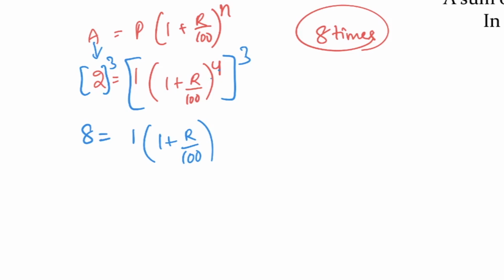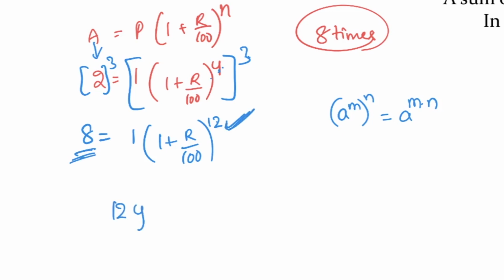Whole power 4 power 3 is 12. We know that a power m whole power n is equal to a power m into n. We multiply the powers. So 4 into 3, 12. So to become 8 times, it requires 12 years. Answer is 12 years.